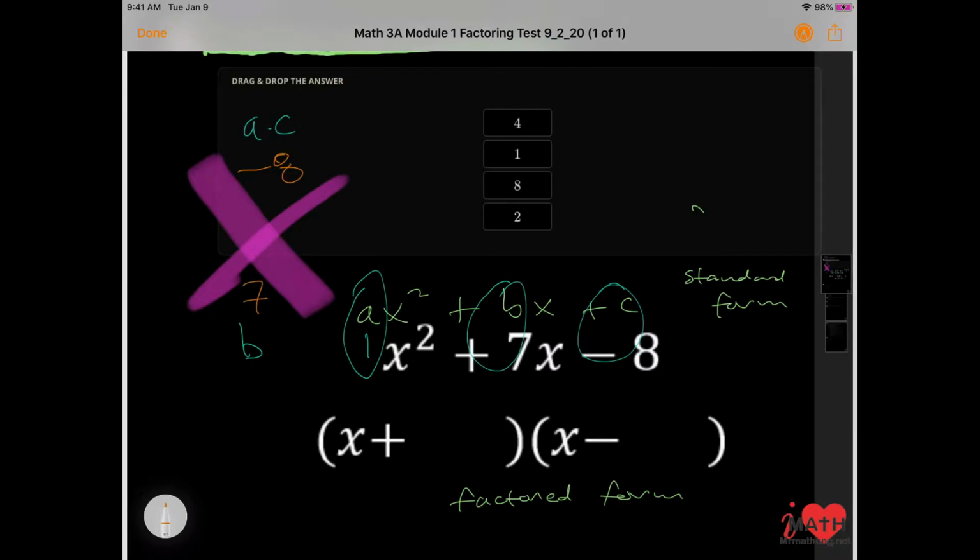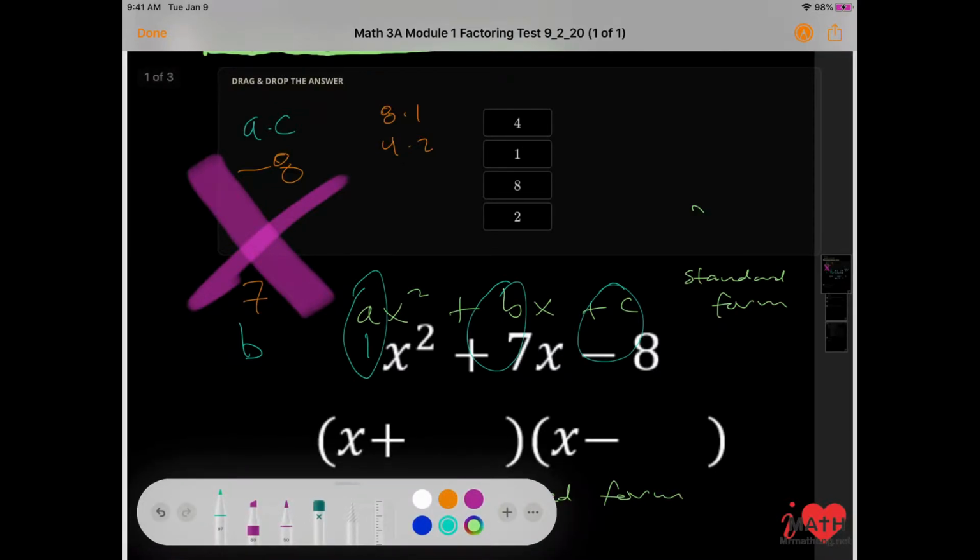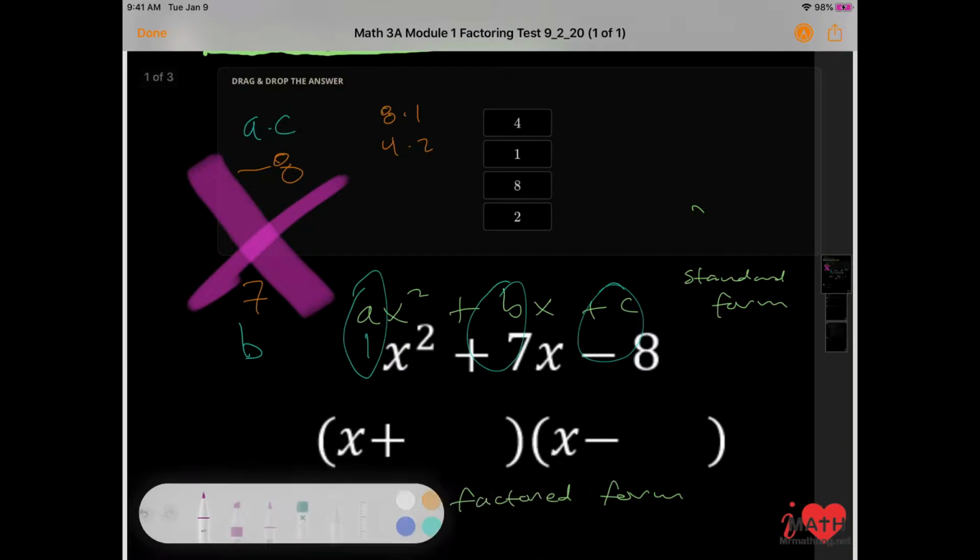What are two numbers? And this is what you like to do for the multiplication. I like to list out all my numbers on the side here. And if you think about it, it gives you a visual of either changing those to be positive or negatives. So the problem that gives me 7 would be 8 and 1.